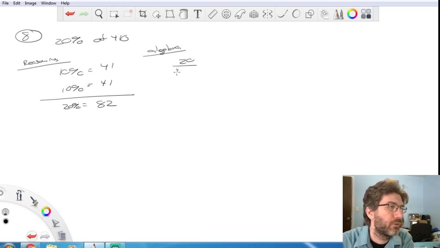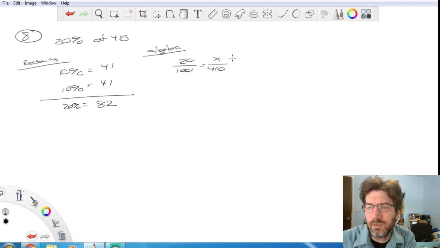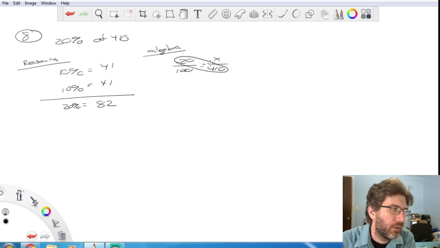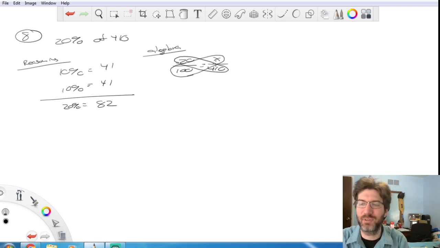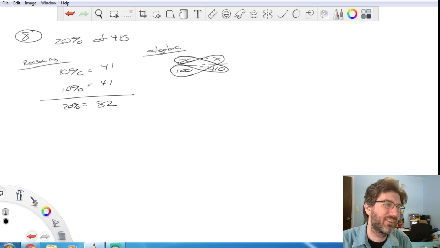You can do it with algebra. Again, it's going to be 20 over 100 equals x over 410. When you're doing the multiplication method, Eli, you're not going to be multiplying, so your operation is going to change. You just have to pay attention to context and how that's going to work out.